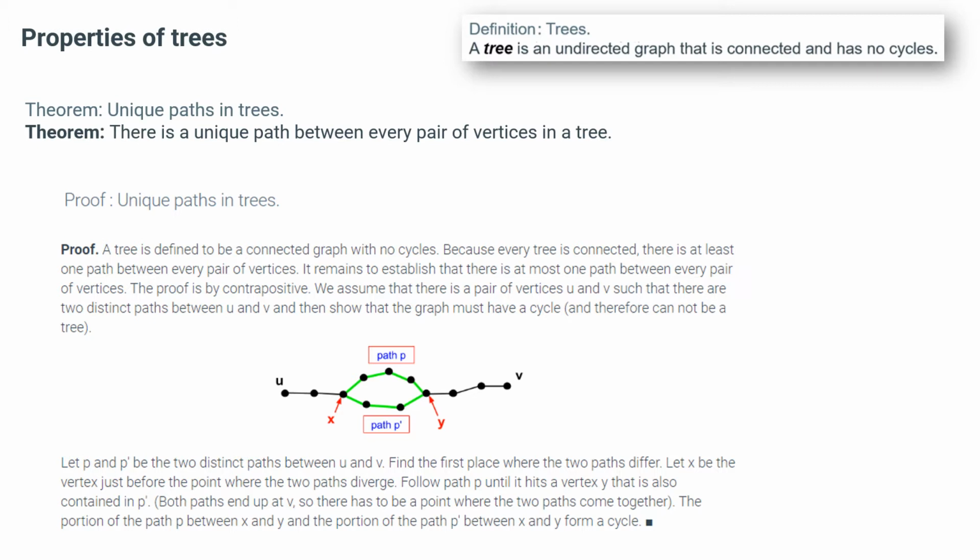So we came up with a contradiction, so we have proven that this theorem is true, and we can now know that there is just one unique path between every pair of vertices in a tree. Now notice we're not talking about direction. You could say I could go from U to V, or I could go back from V to U, but we would consider that the same path since we're talking about undirected graphs.